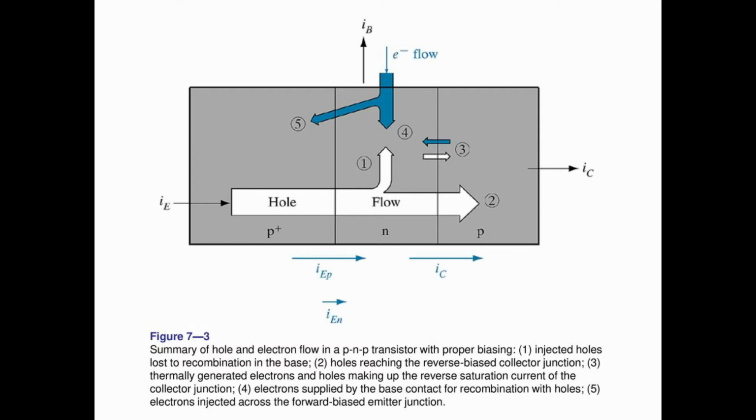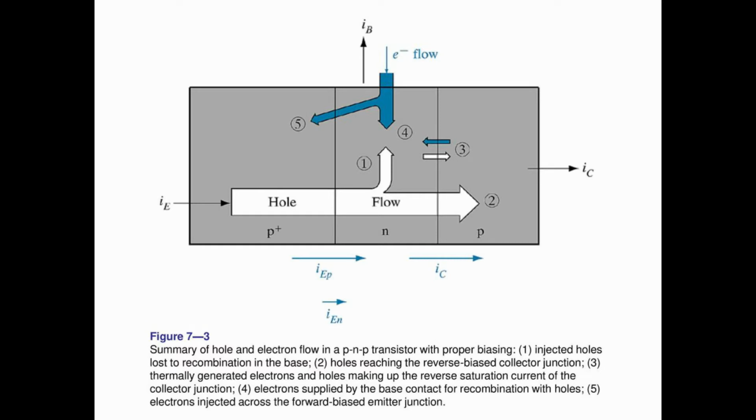Now there are 5 possibilities which can take place when we make the emitter-base circuit forward biased and the collector-base circuit reverse biased. Number 1 is that injected holes are lost to recombination in the base.